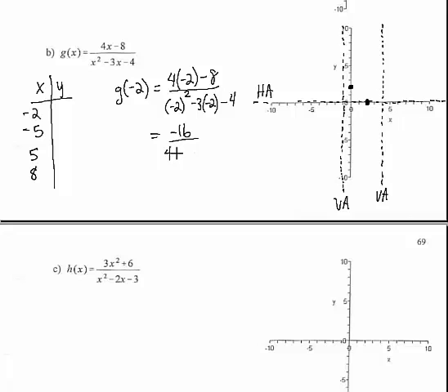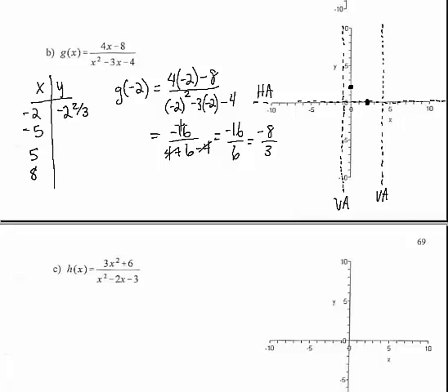Negative 3 times negative 2 is plus 6, and then minus 4. So the 4's cancel on the bottom, and I end up with negative 16 over 6. If I simplify it, I get negative 8 over 3. 3 goes into 8 twice, so that would be negative 2 and 2/3.